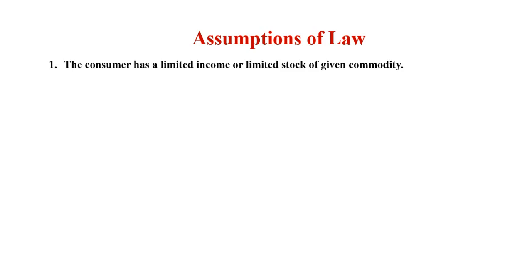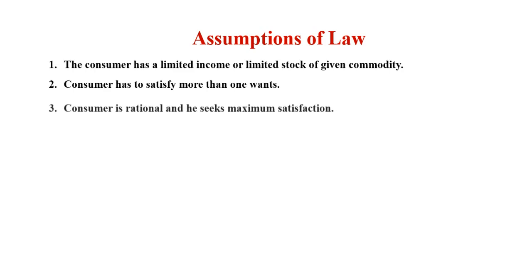Therefore, money is a given stock of the consumer. The consumer has to satisfy more than one want. It means the consumer needs more than one good and wants to satisfy both goods or more than one good.